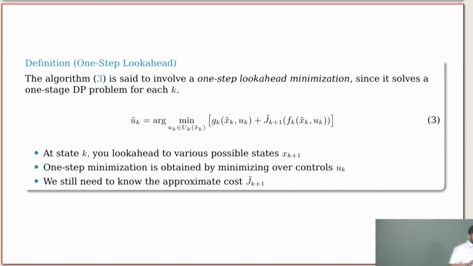The first step here is that I need to do the look ahead. That was clear. But I still need some estimate after that, and that estimate is J tilde. So what could be that possible estimate?